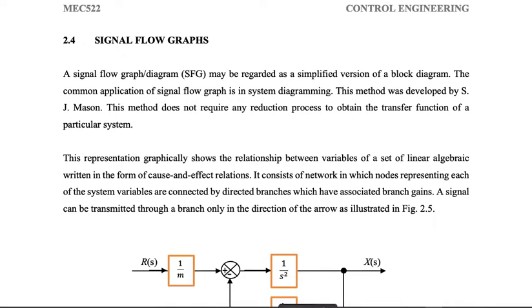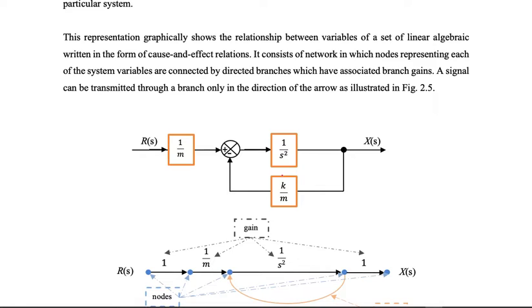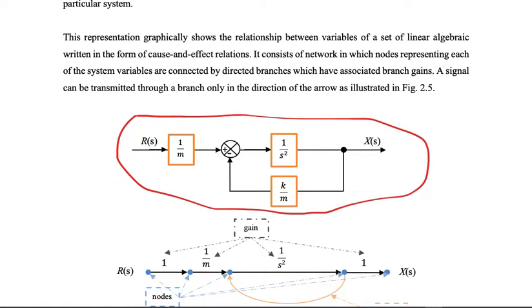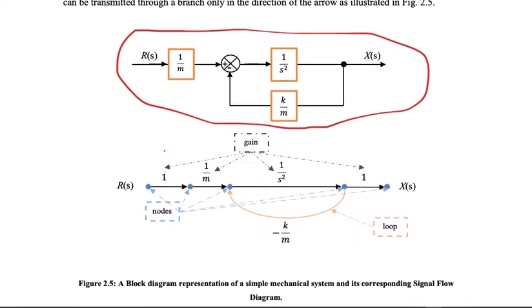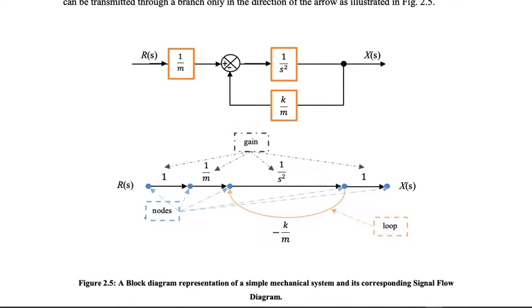Now, if we consider a simple block diagram which comes from a mass spring system, a mass spring system is given by this block diagram here, right? So this is a mass spring system, and its block diagram can be transformed into a signal flow graph as illustrated in this figure here.